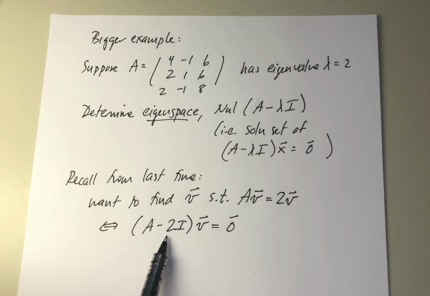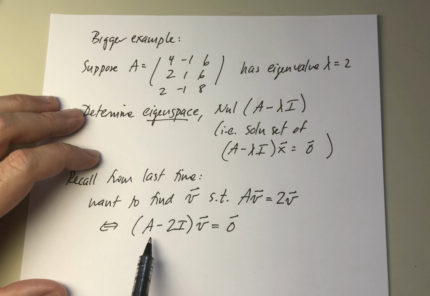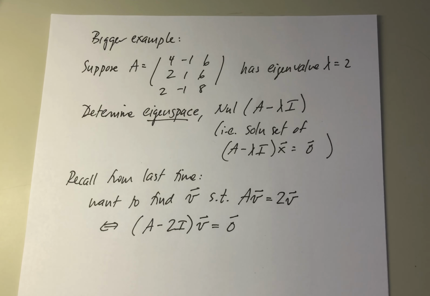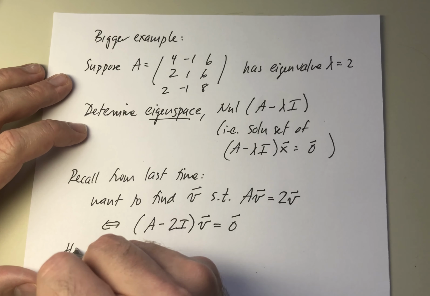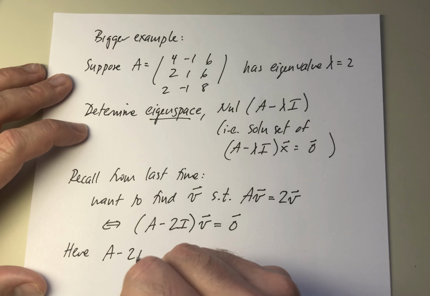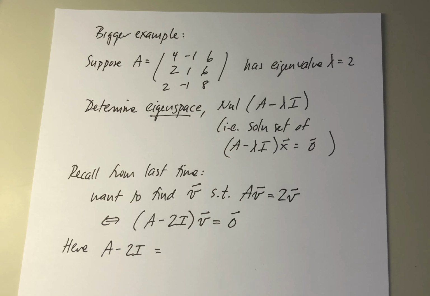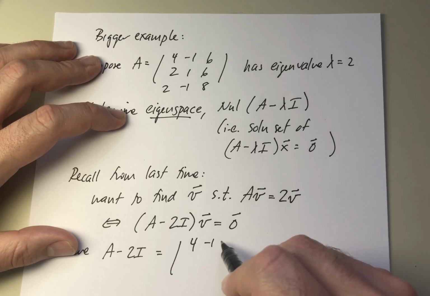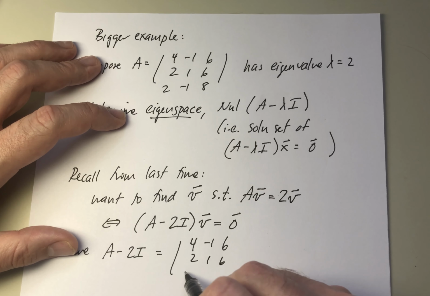And so here's what I mean by solving the homogeneous system. I want to find the solution set of this system where I have a coefficient matrix times v equaling 0. So here what I want to look at is A minus 2I. Let me write it out this time, but we'll start skipping steps as we get more used to this.